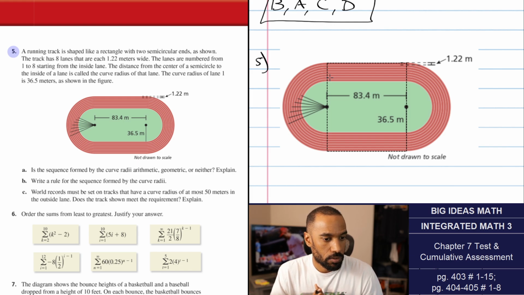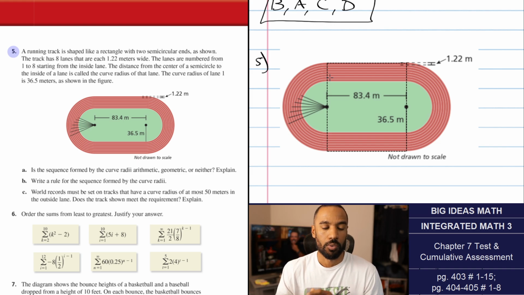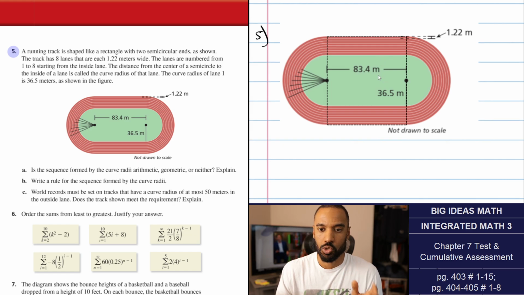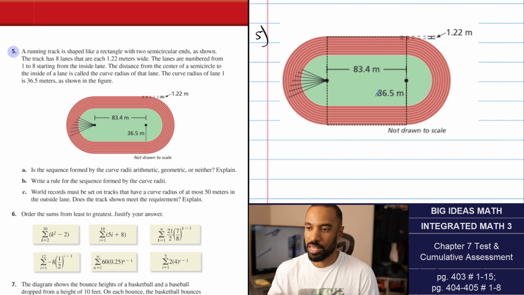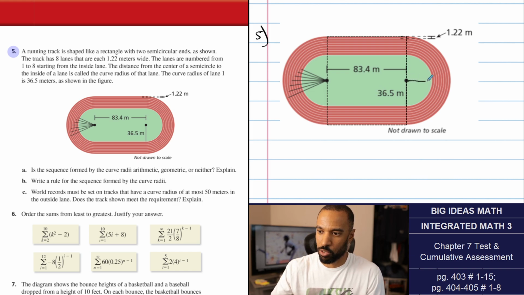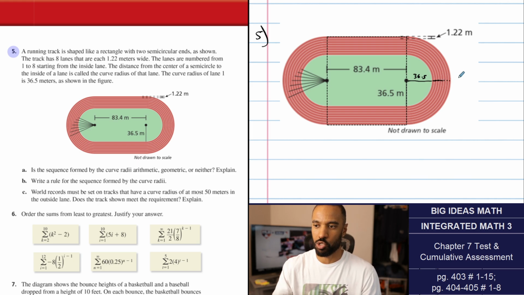Is the sequence formed by the curve radii arithmetic, geometric, or neither? Explain. They should be arithmetic. The radii should be arithmetic. So the width is 1.22 meters from one to the other. They said this one here is 36.5 meters, that includes right here. So 36.5, then it's another 1.22, 1.22, 1.22, etc. to each one.